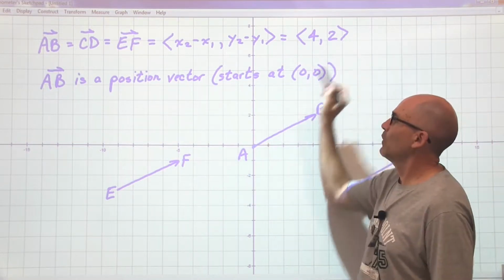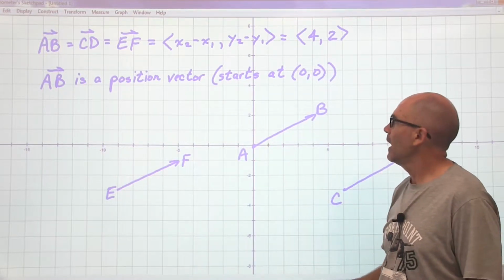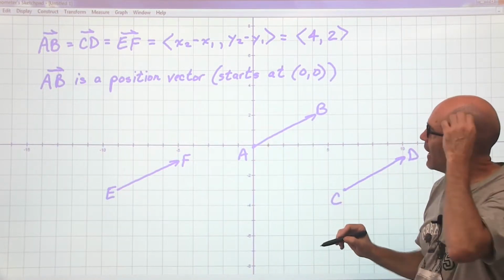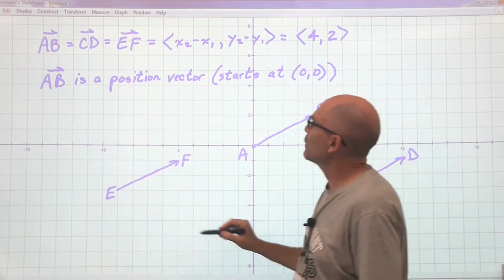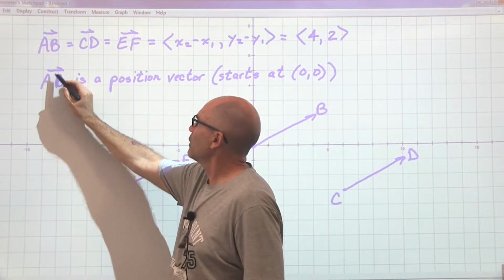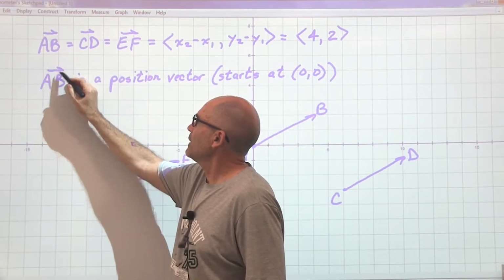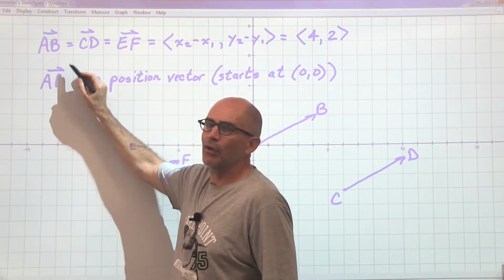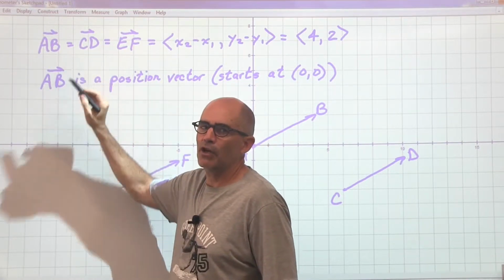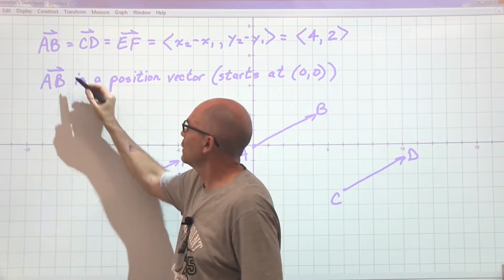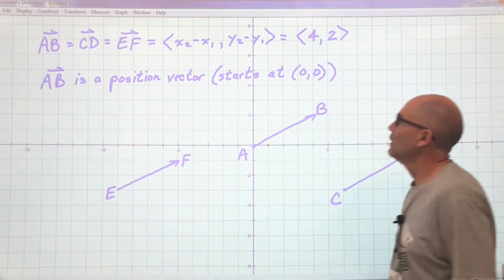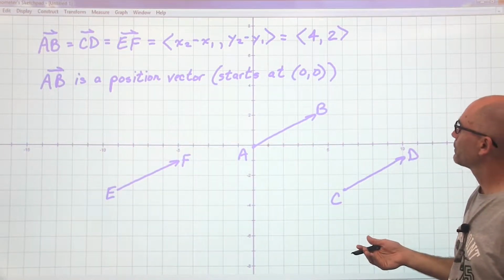If I was going down, the y would be negative. And notice one other thing. The symbol for vector AB is the same as if it was line segment AB, only you put a half an arrowhead up on top. Not a full arrowhead, just the top part of the arrowhead. So that says it's a vector.